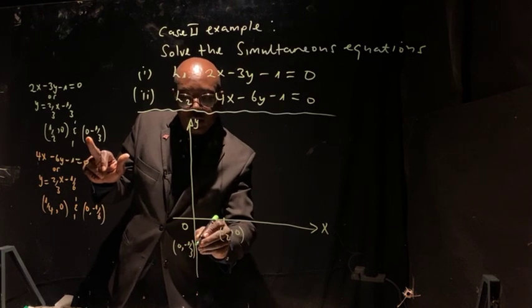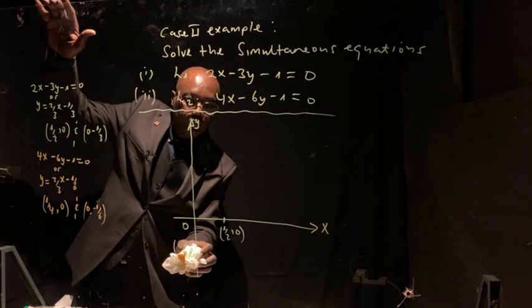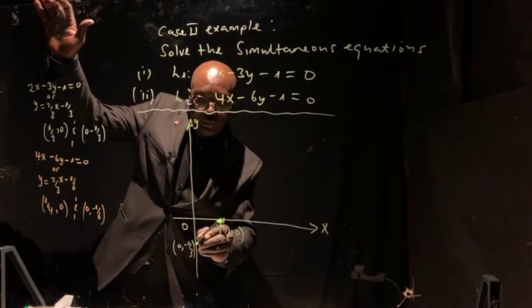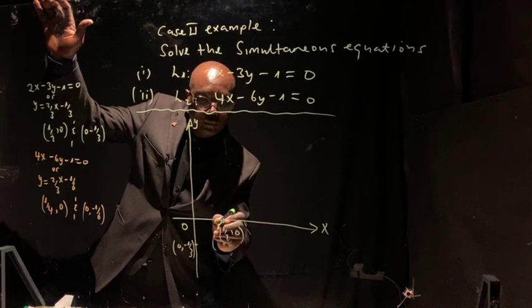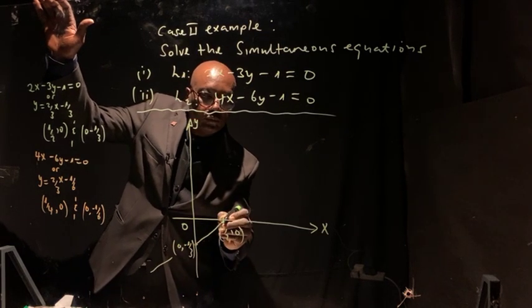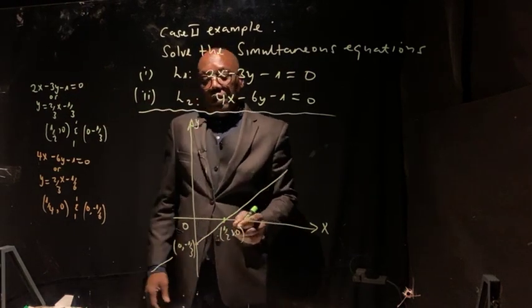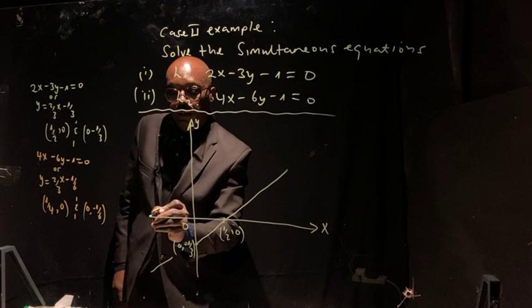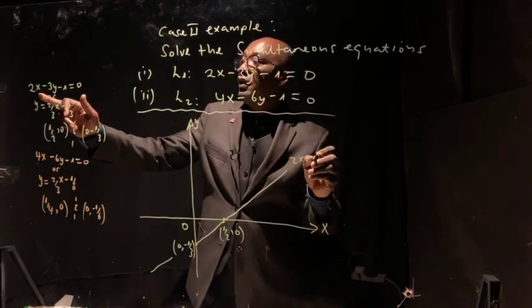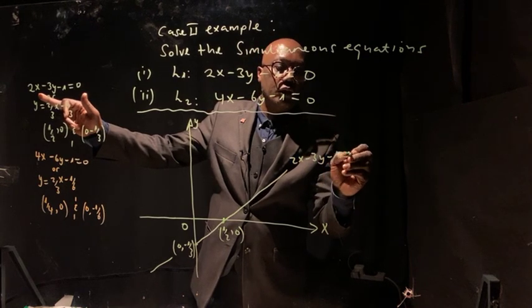So you can see that, okay. And that equation was 2x minus 3y minus 1 equals 0.